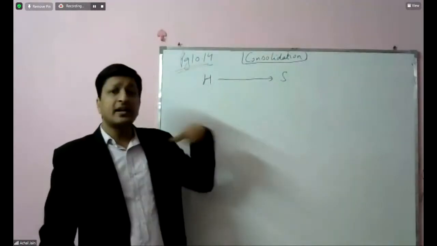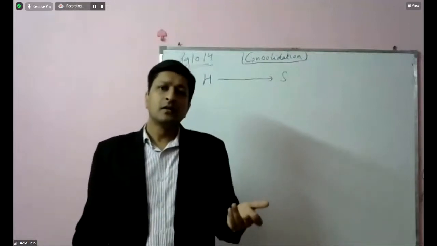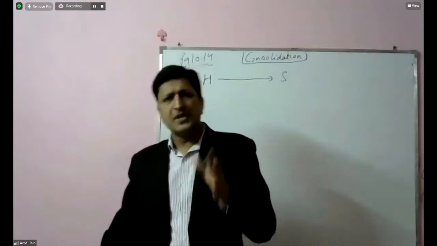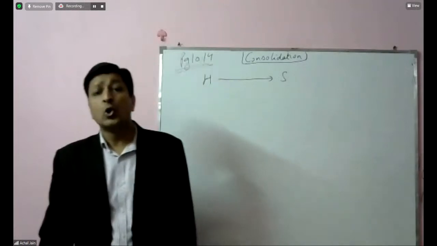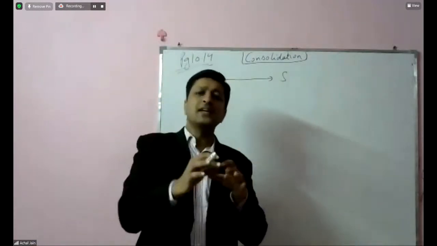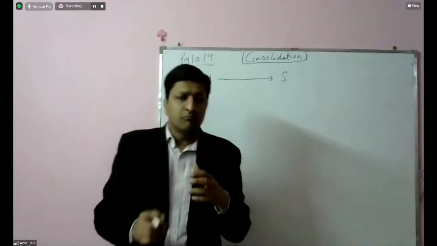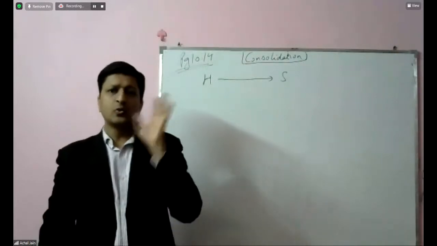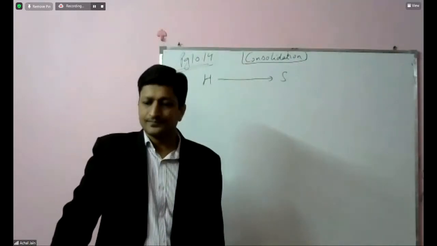Either H will create a new company wherein 100% shares, or a majority of the shares, are held by H, or H may acquire a running company by getting majority shares of that company.